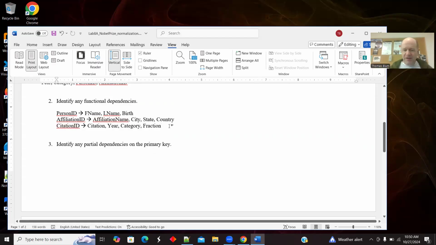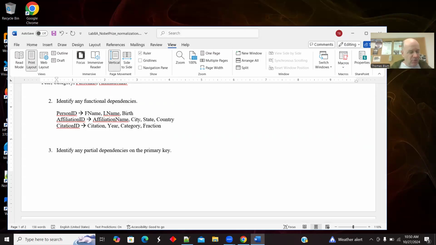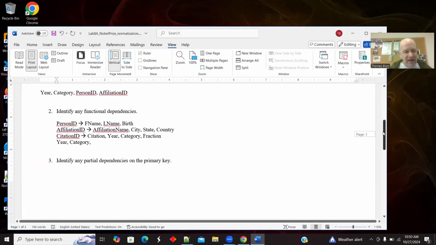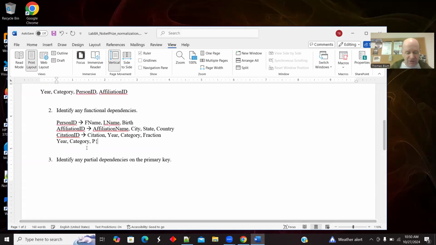And then we can turn that around, though some of these things go in two ways, some of them only go one way. If we're thinking of the other primary possible candidate key involving the year and the category, if we know the year, the category, and the person ID, then we can get the citation and the fraction from that.